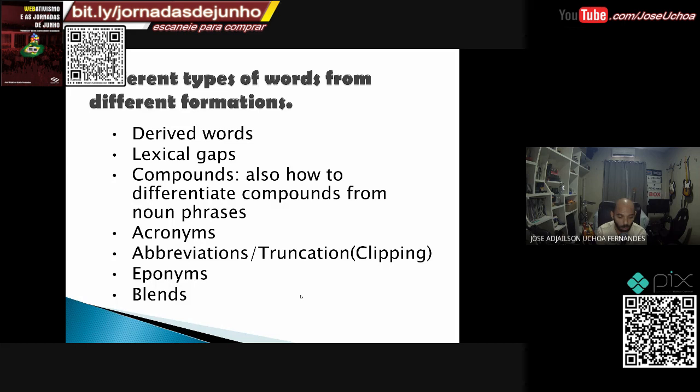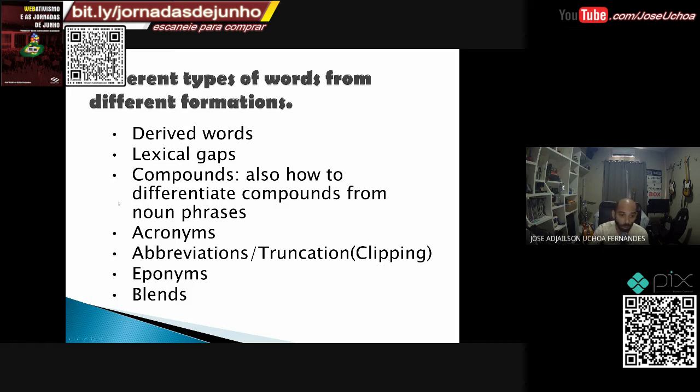Smoke misses the final part, k, and fog misses the initial f, and then you form smog, which is a kind of fog similar to smoke. Can you think of other words in English that are blends? We are going to see examples, don't worry.